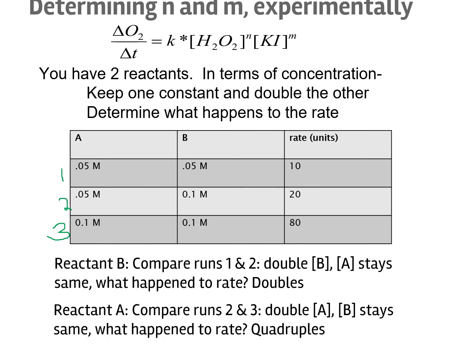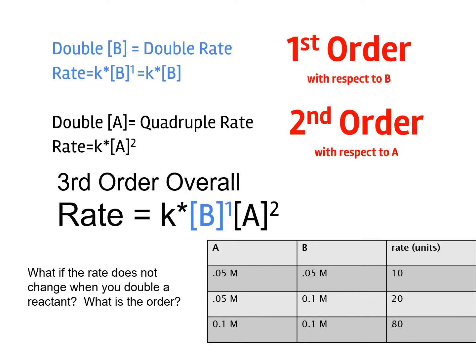So let's go ahead and look at this other slide and see. So we said here when we double the concentration of B and keep A constant, the rate of reaction doubles.